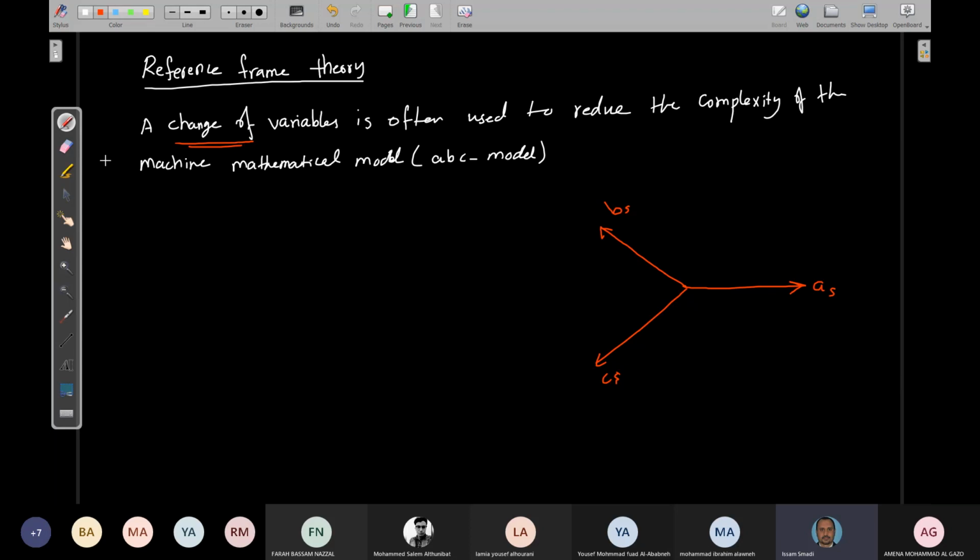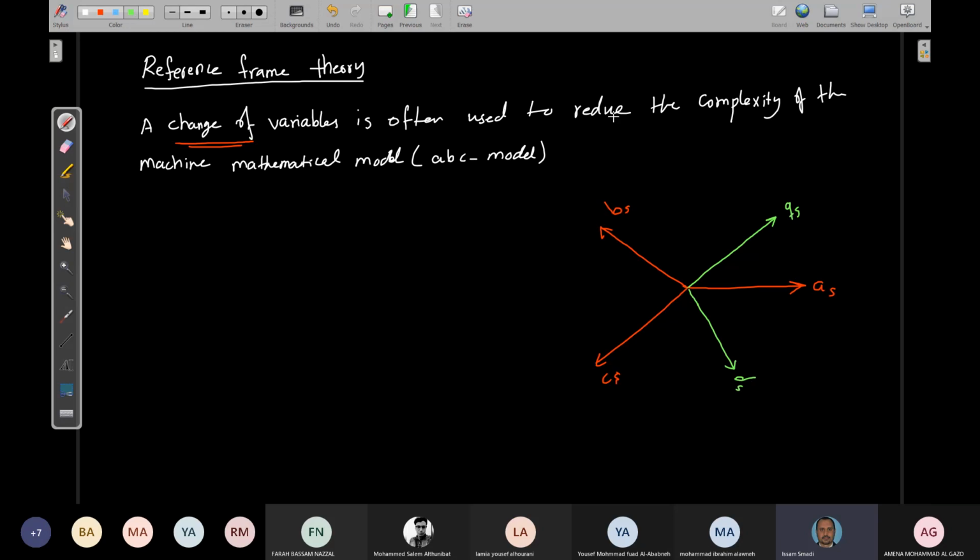So this is actually what we need. I need to assume that I have two coils, and those coils, let's say, point toward one the quadrature axis, so this will be the QS, and 90 degrees behind this one comes the direct axis, this is the DS.